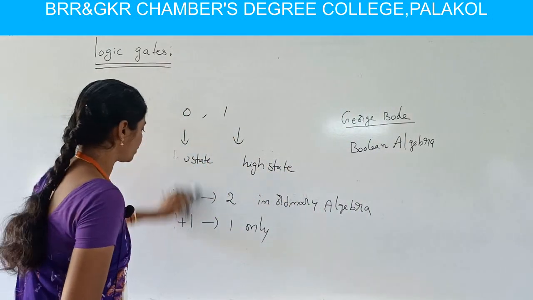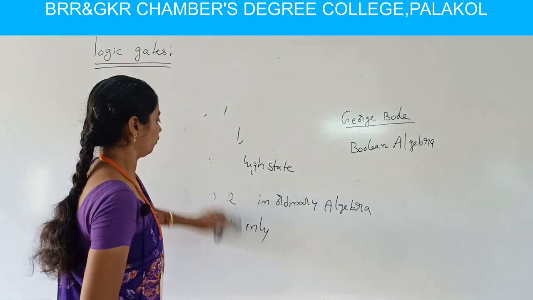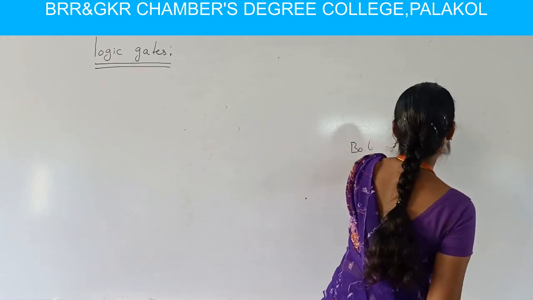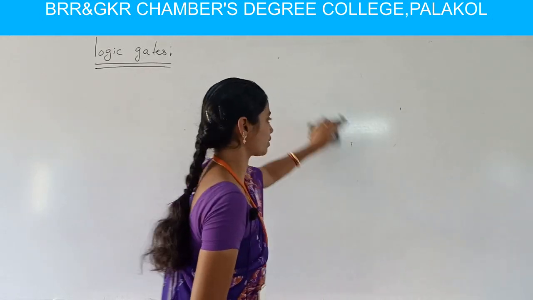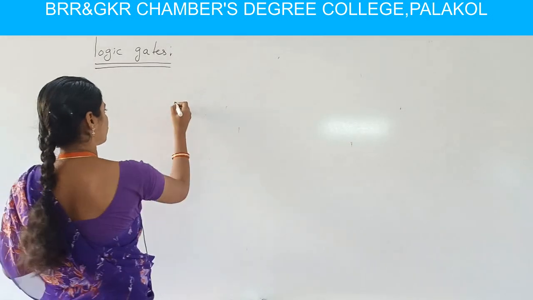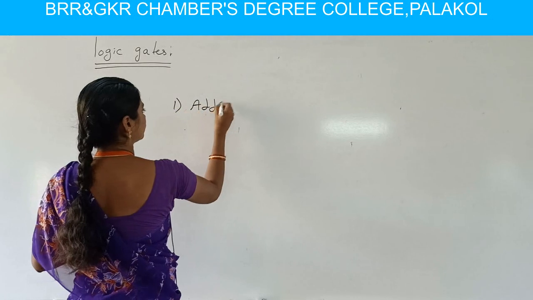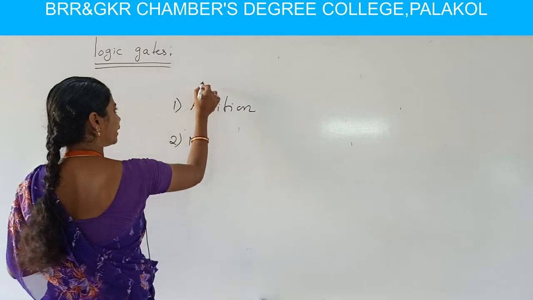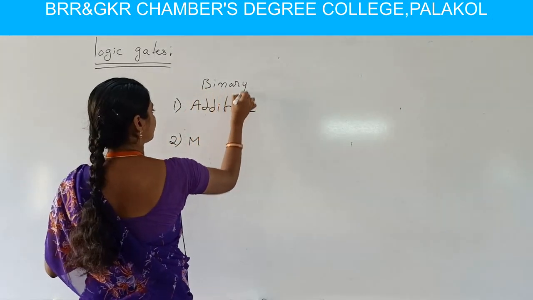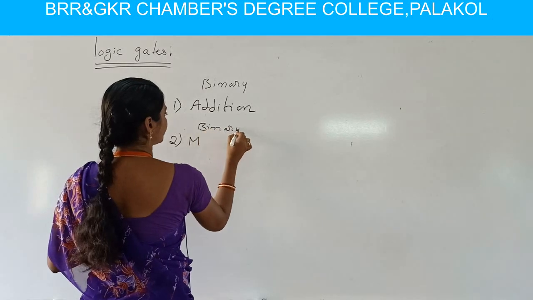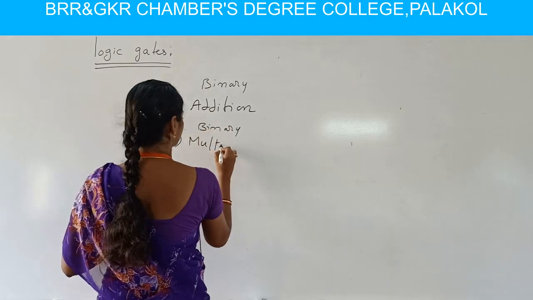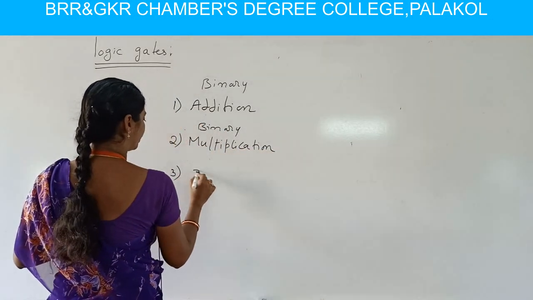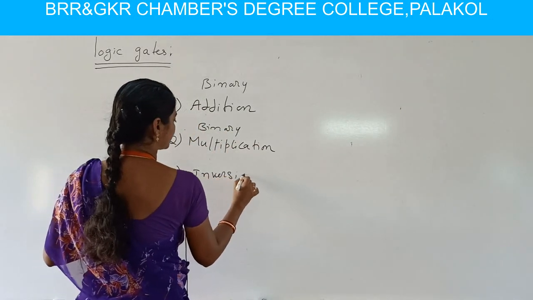By using these binary numbers, we construct the basic logic gates. In Boolean algebra, we have only 3 operations. What are the 3 operations? The first one is addition, the second one is multiplication. These are binary addition and binary multiplication, and the third one is inversion.